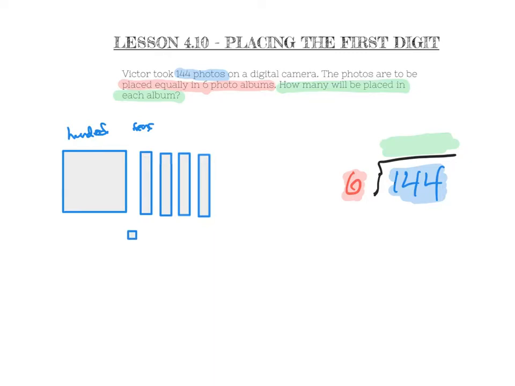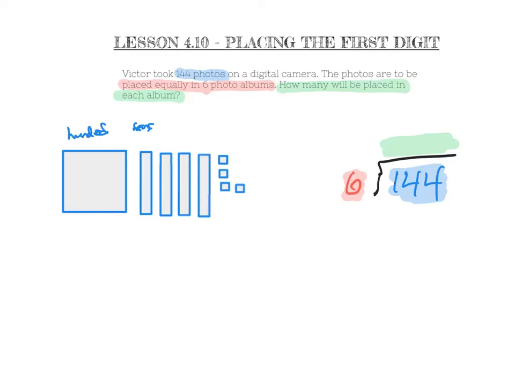There's 141, 142, and then 144. Perfect. I didn't really draw them very well. Let's organize these a little bit. I realize this isn't to scale, but it's pretty close. There's my 144.